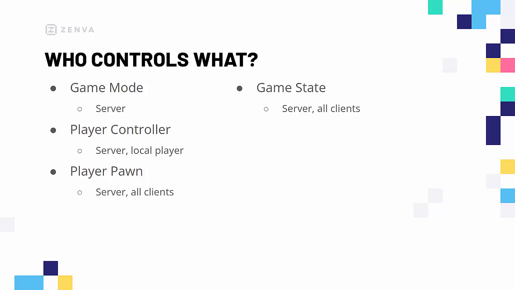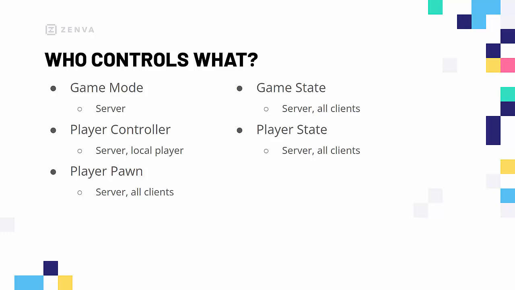For example, if you have a game where there is a time limit, the game state is where you would generally have that time limit be replicated across the server, so that everyone can have access to it. Basically, it's like a game mode, but it contains a lot of the game variables and properties. If you have a multiplayer game, this is where you might want to keep track of the current round, the current scores, just so that everyone can see what it is and maybe update it on their UI.